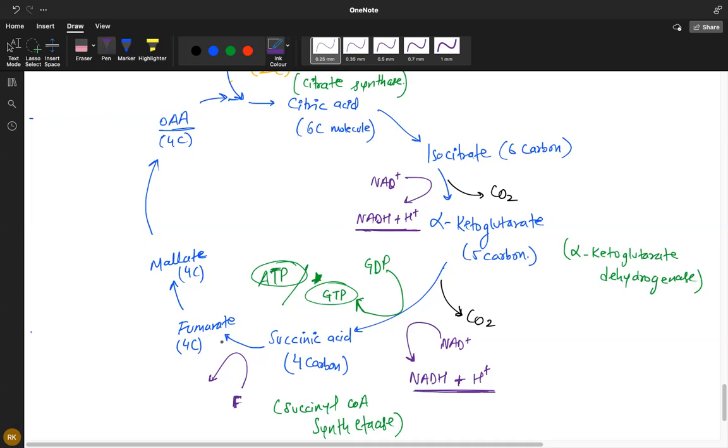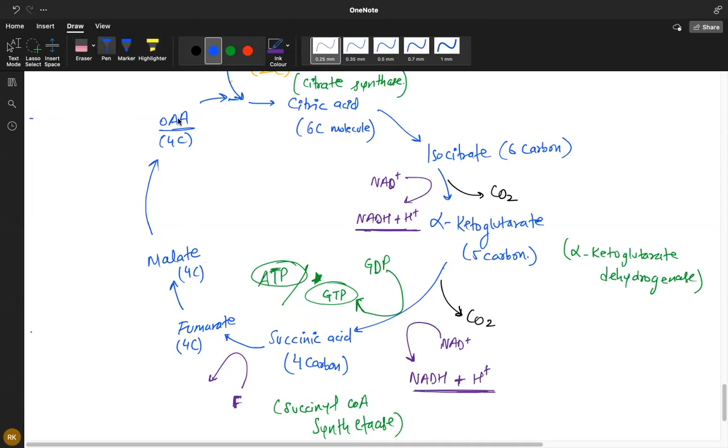So from succinic acid forms fumaric acid, okay, also known as fumarate. And from fumarate forms malate. There is only one L here, by the way. Malate, malic acid, okay. And from malic acid forms oxaloacetic acid.